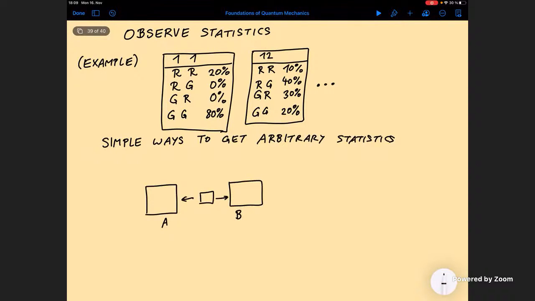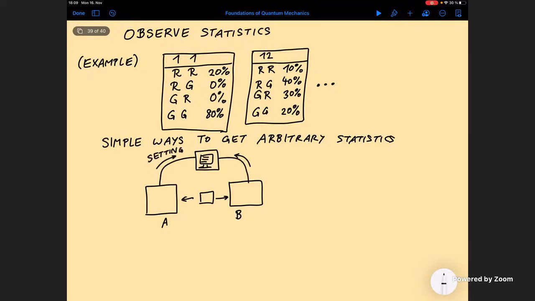Now, what you could do in principle is, of course, you have in the background some kind of computer, some machine. And you send the settings that you chose to this computer. So you send it the setting at A and the setting at B.